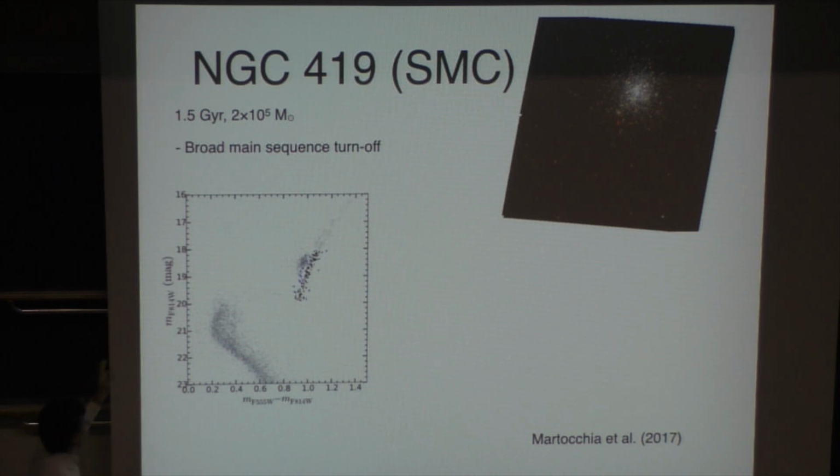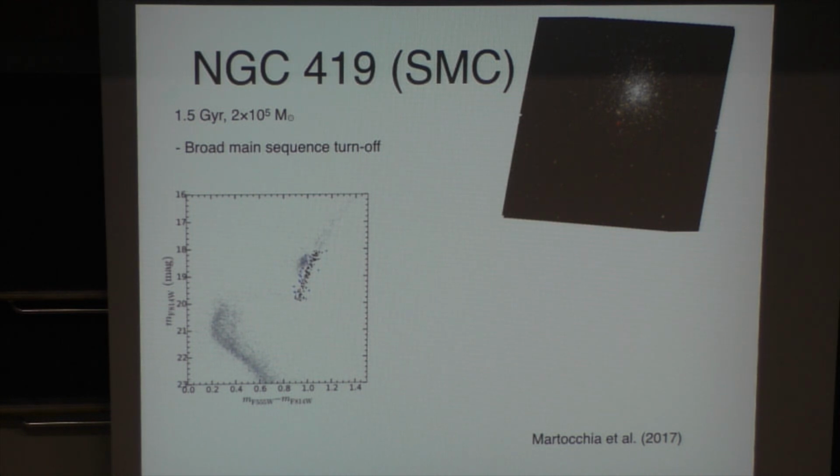So the most obvious interpretation would be that you see an age spread here. If it is indeed an age spread, it would be very large, a few 100 million years. There may be other explanations. Maybe it has something to do with stellar rotation, as Nate has proposed.